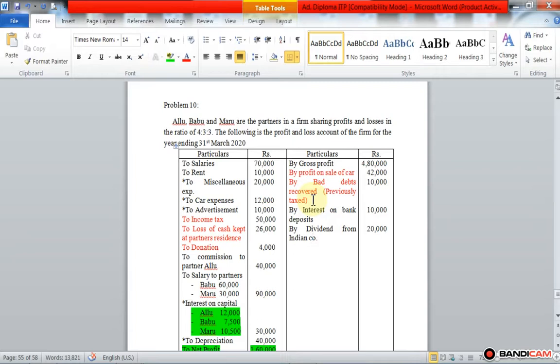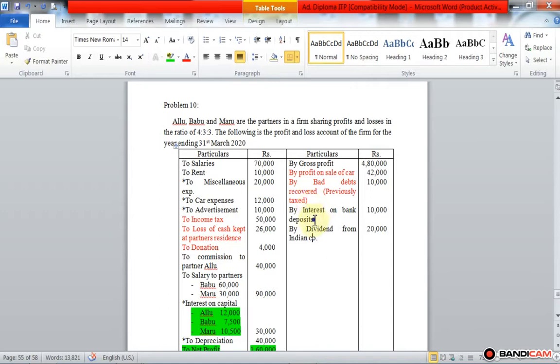So in the current year, in the assessment year, these bad debts are recovered. So the bad debts recovered which were previously taxed are considered as income from other source. Got it? So it is income from other source, it is not income from business or firm.